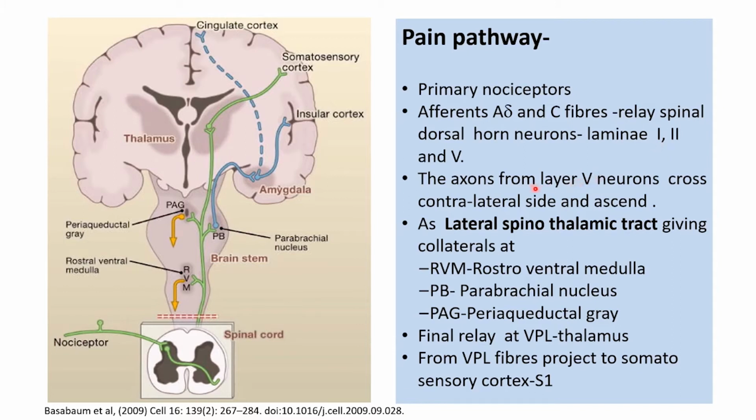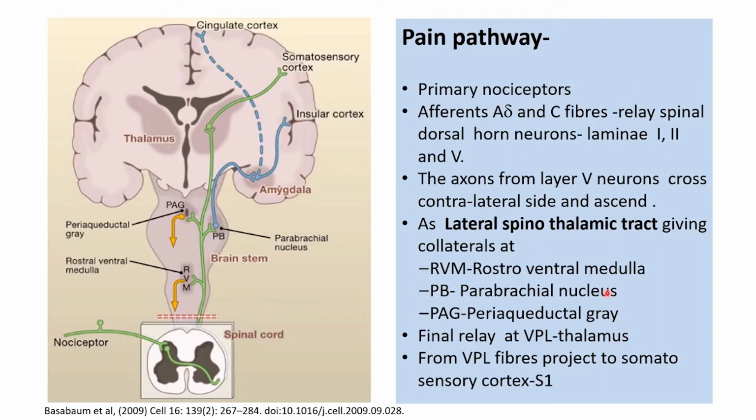The layer 5 neurons are known as wide dynamic range neurons, also known as convergent neurons. They give axons for the lateral spinothalamic tract. The axons of these neurons cross to the opposite side and ascend as the lateral spinothalamic tract and reach the ventero-posterolateral nucleus of thalamus.